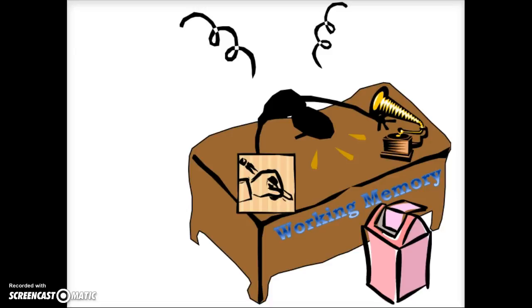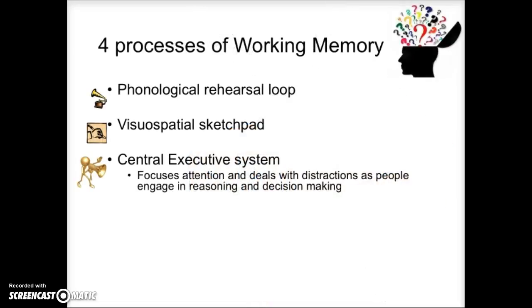Now, this desk is going to need a CEO. And so sitting at the desk is the central executive system. This is essentially where the CEO of you sits. When we talked about the brain in Chapter 3, we talked about the central executive system being in the frontal lobe of the brain, primarily in the prefrontal cortex.